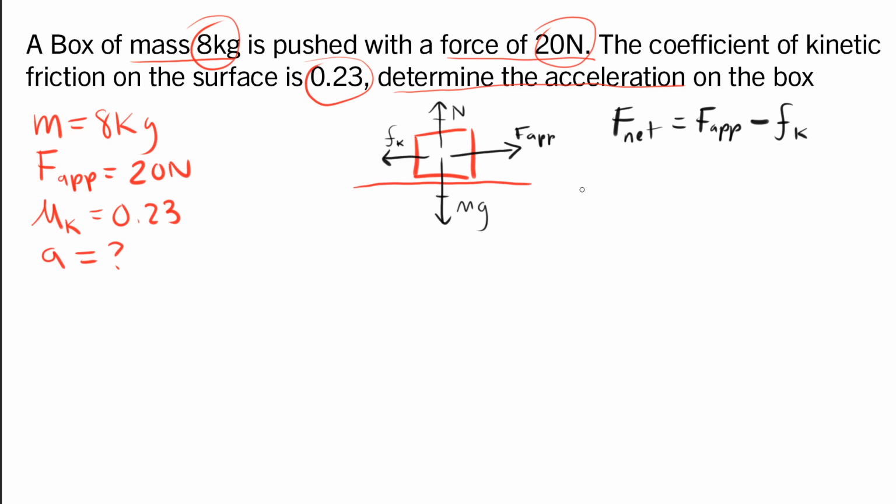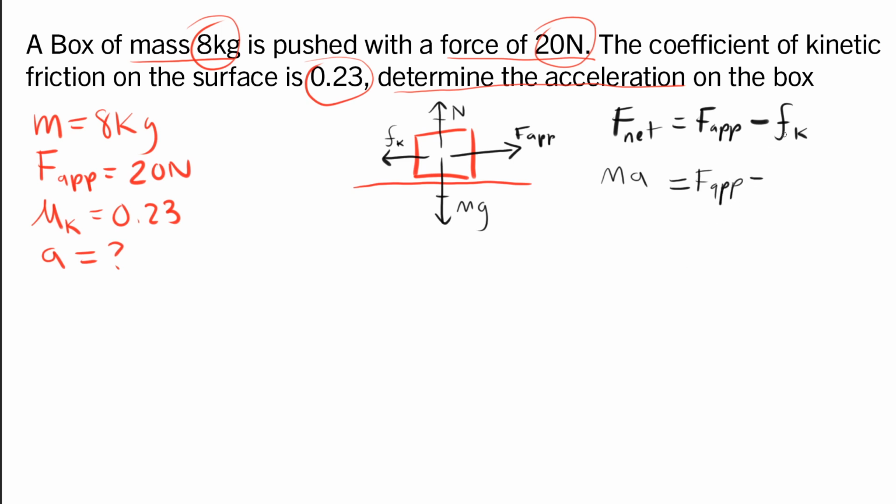Well, I know that force net is actually just Newton's second law, and so that equals mass times an acceleration of an object. So if I know the mass of this object and I know its acceleration, I know the force net. Likewise, if I know the force net and I have one of these other two, I can find the third. That's then equal to the applied force.